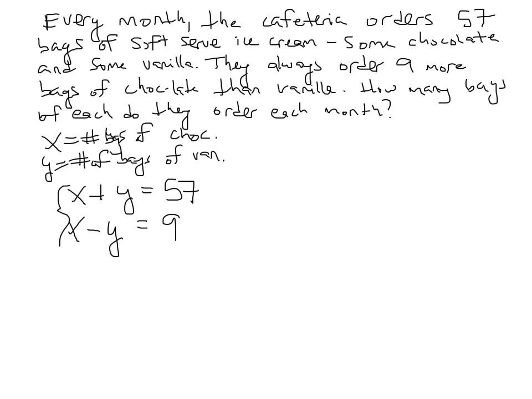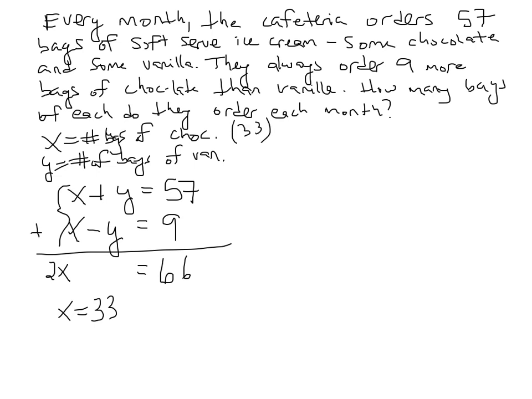So here's our little system to solve, and as luck would have it, the coefficients for the y's are already lined up. So we can simply add down. The x's become 2x, the y's are eliminated. Here's our equal sign, and then we get 66. And therefore x must be 33. So the number of bags of chocolate is 33.